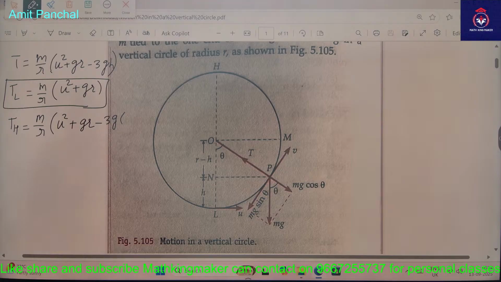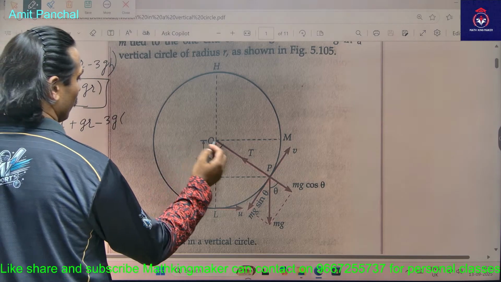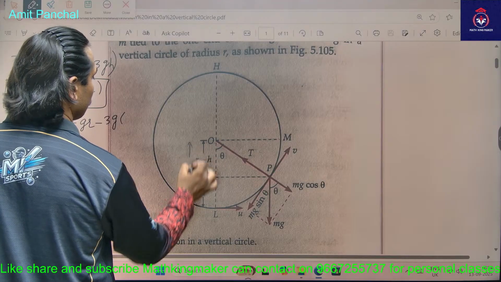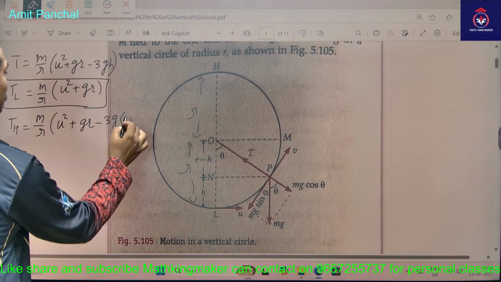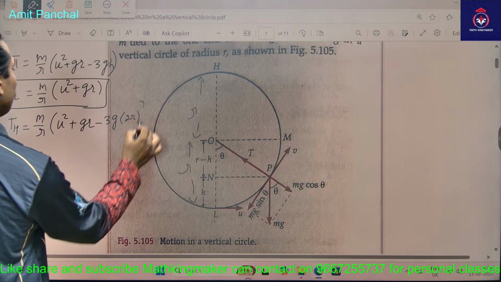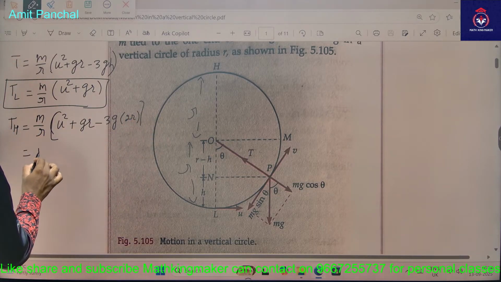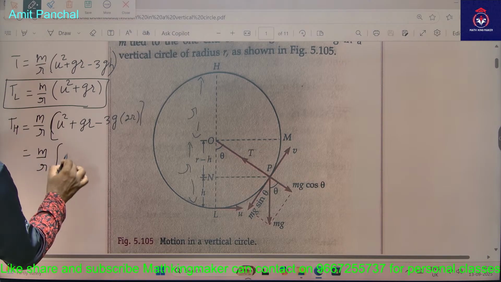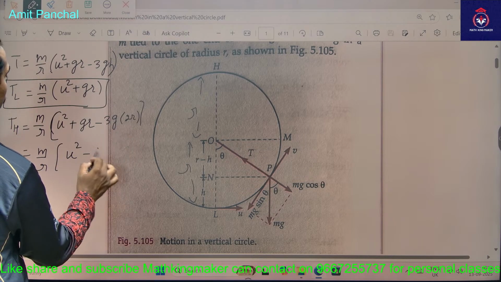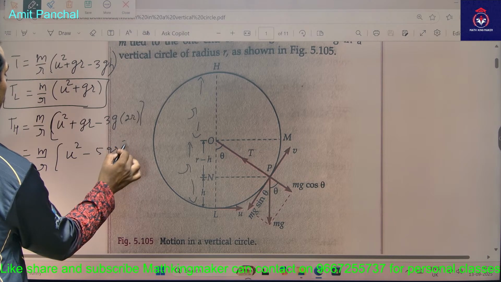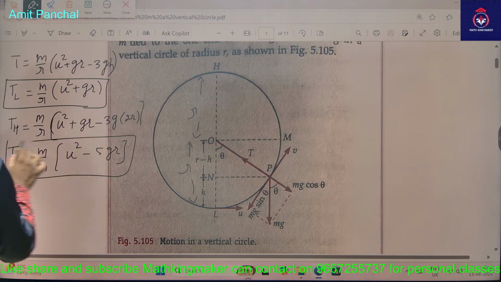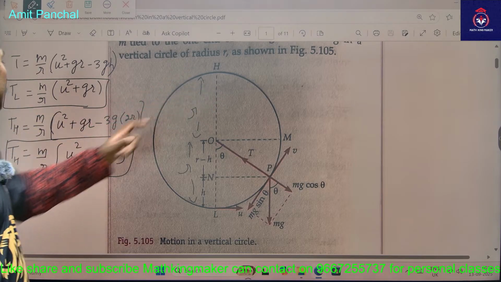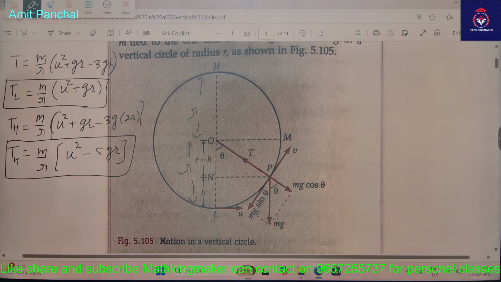Very simple here. This is r, this is 2r, the diameter. So how much should it be? u square minus 5gr. That shows that tension at point H will be lesser than the tension at the lower point.